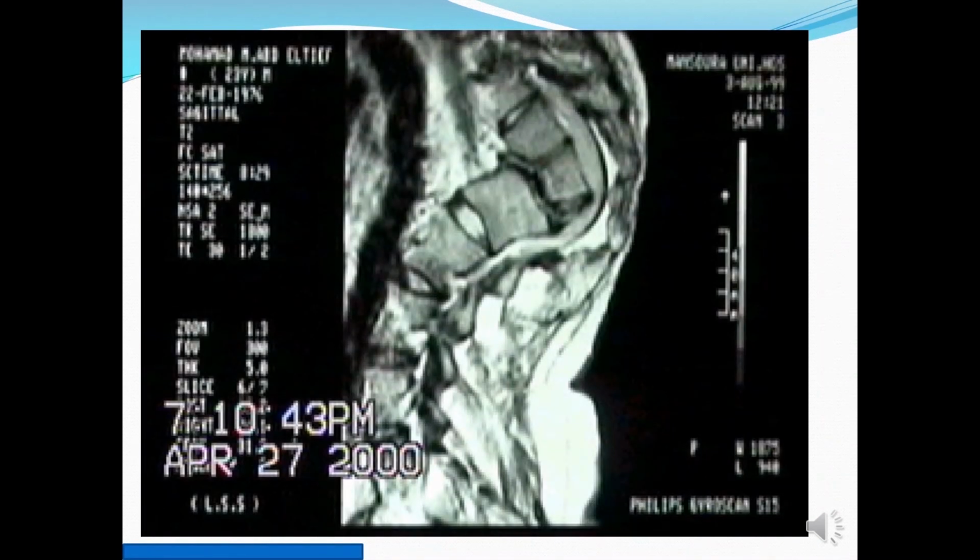Another case where there is a congenital kyphosis. To address such deformity, you have to remove the apical vertebra in deformity and apply some distraction through the anterior and posterior compression as well.